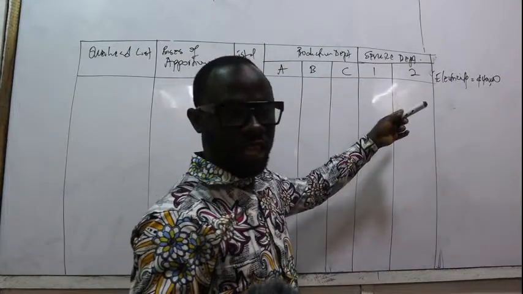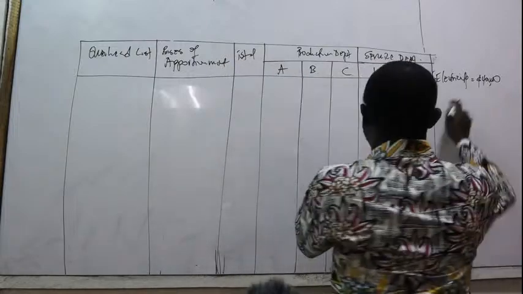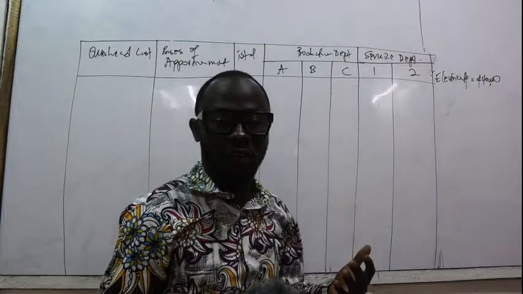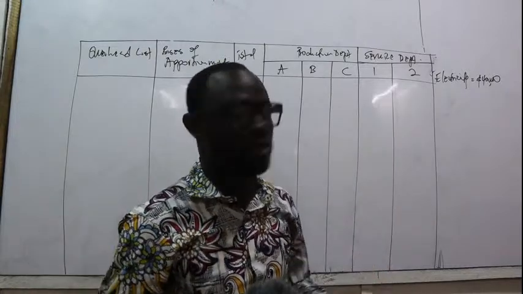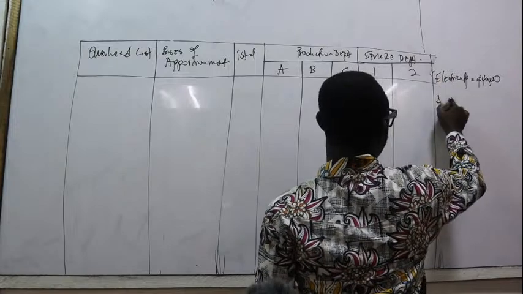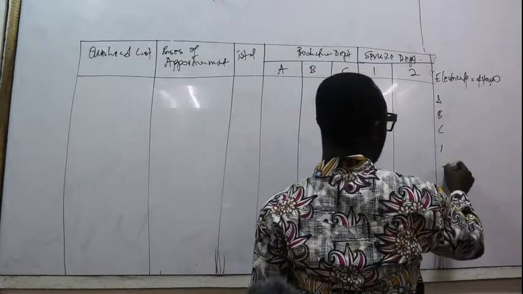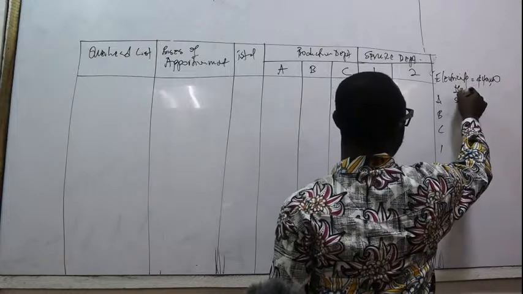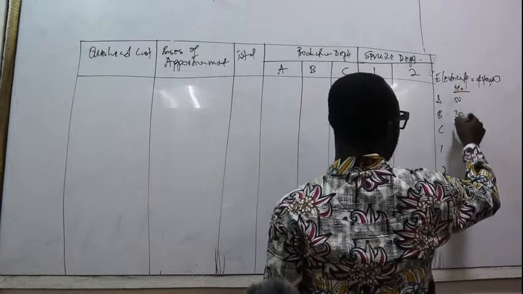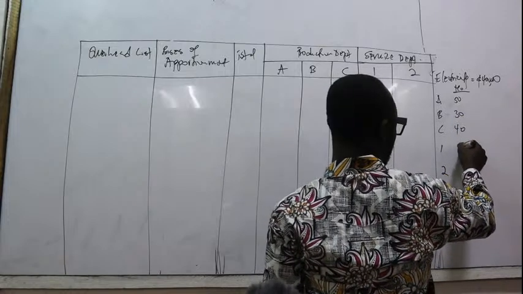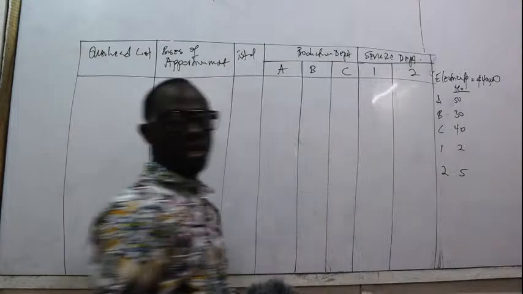You remember we said for electricity, we can use the horsepower of the machine or number of bulbs. So let's just do number of bulbs. So let's say A, B, C, and then service 1, service 2. The number of bulbs they have: A has 50, B has 30, C has 40, 1 has 2, and this has 5, okay?